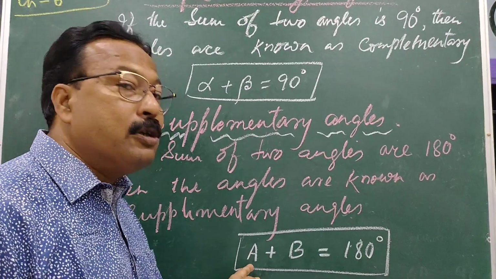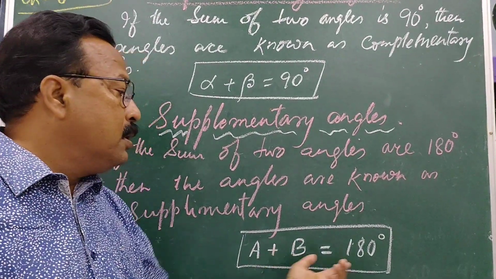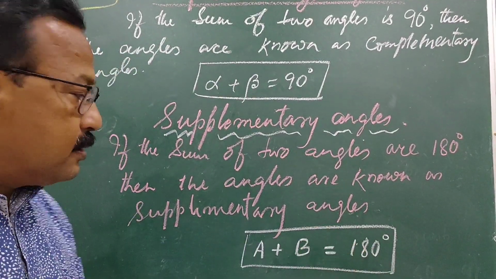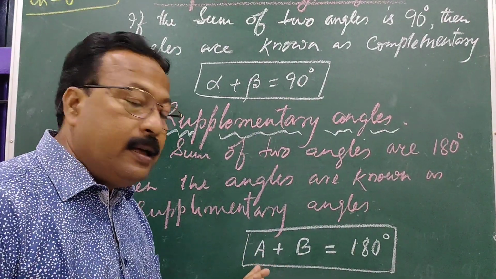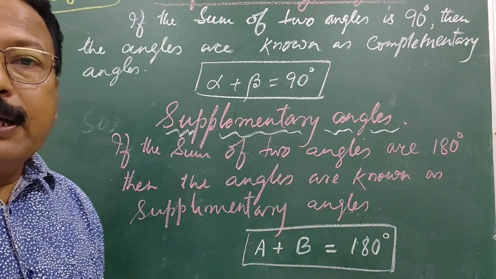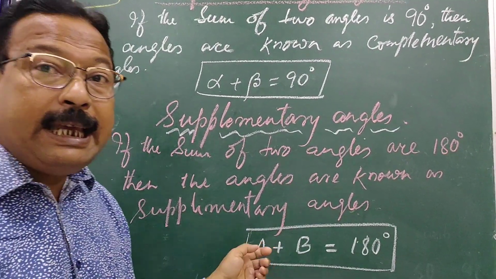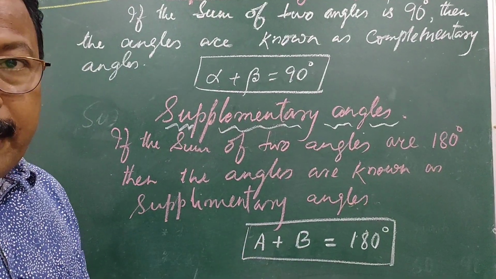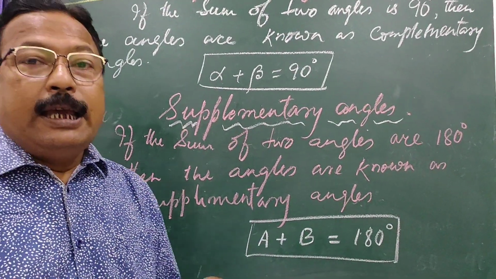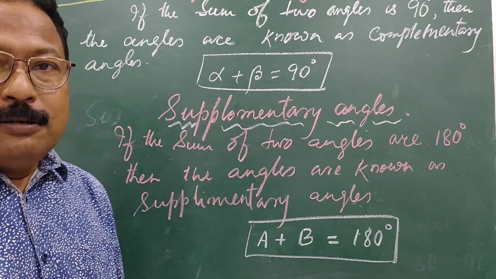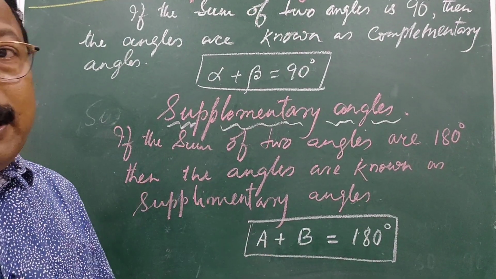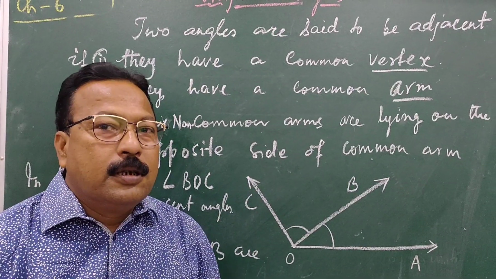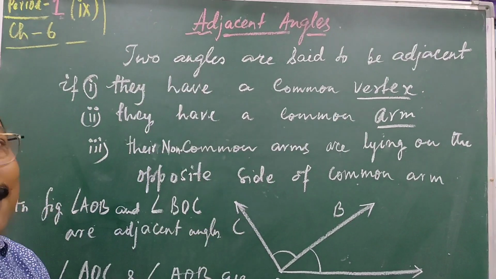Here we have considered two angles A and B whose sum gives us 180 degrees, or two right angles, and then such angles are supplementary, where A is the supplement of B and B is the supplement of A. If we take x as one angle, its supplement must be 180 minus x. Clear?